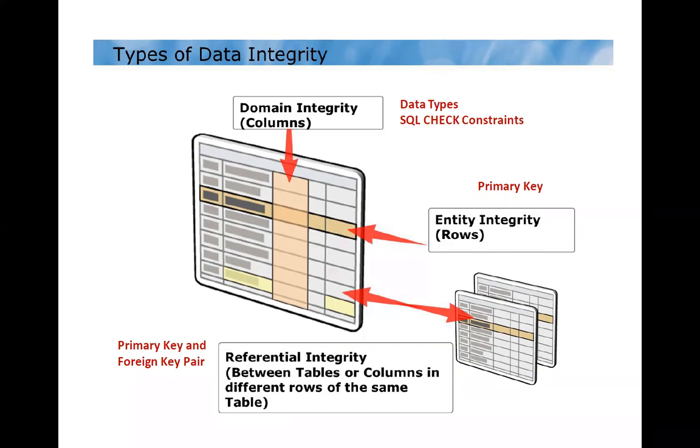For an employee, we may have a manager ID attribute, right? An employee has a manager. Managers are also employees. So whenever you enter the manager ID for an employee, you want to look up that manager ID in the employee column, to make sure it's a good employee ID.